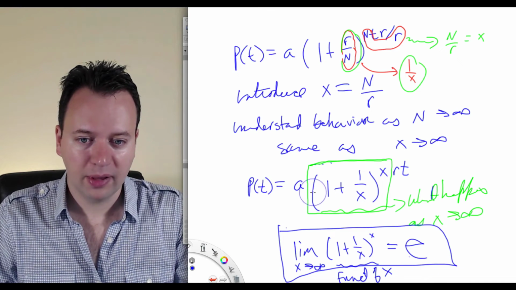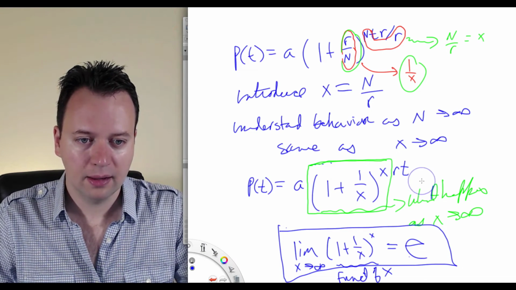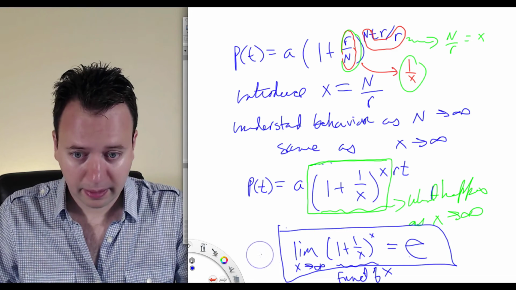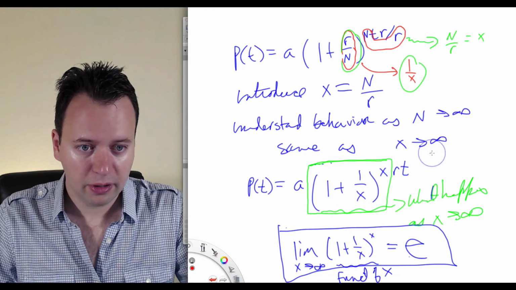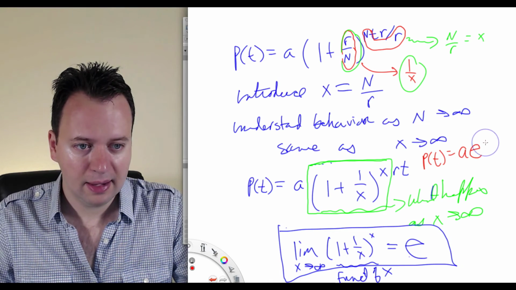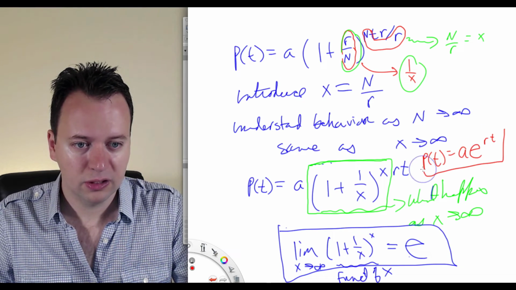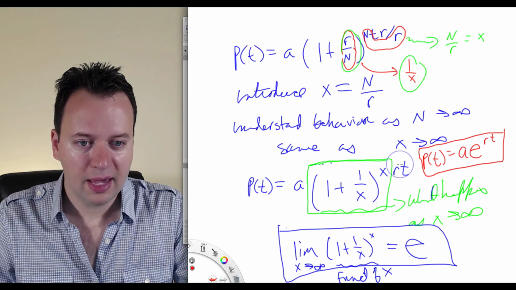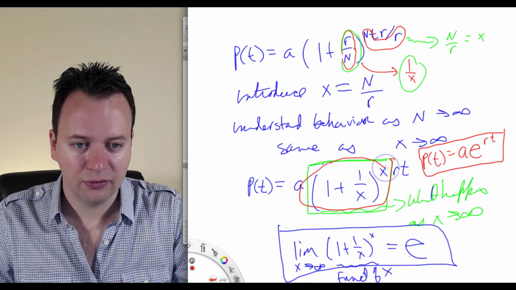And then when we replace this with e, our formula, let me just write it in red over here, we get P of t is equal to a e to the rt, just like that. So the number e replaces this stuff right in here.